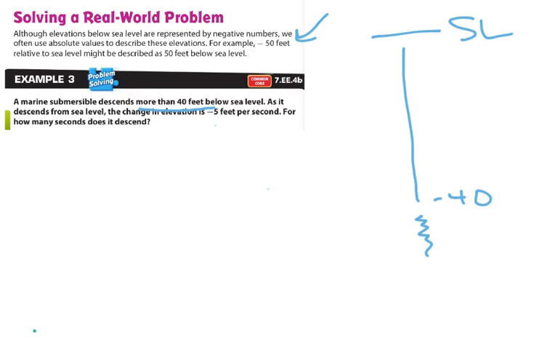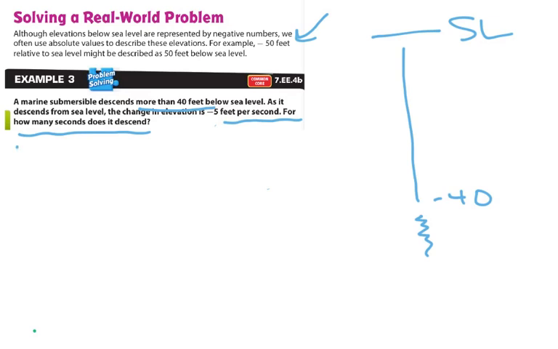And so the first thing that you should do with this is write it as a statement, okay? This is saying how many seconds does it descend. That can be a little tricky to think of. So the book suggests, and I actually agree with it, that you should rewrite this as a statement.